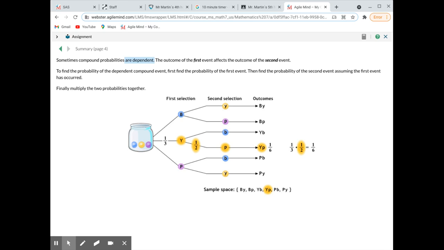Independent. All right. So, what is the key thing that lets us know if there's an independent versus a dependent? If it's replaced or not. Correct. If it's replaced, it is what? Independent. And if it's not replaced, it is dependent. Perfect. So that is the difference between independent and dependent compound probabilities and how replacement and non-replacement affect that.